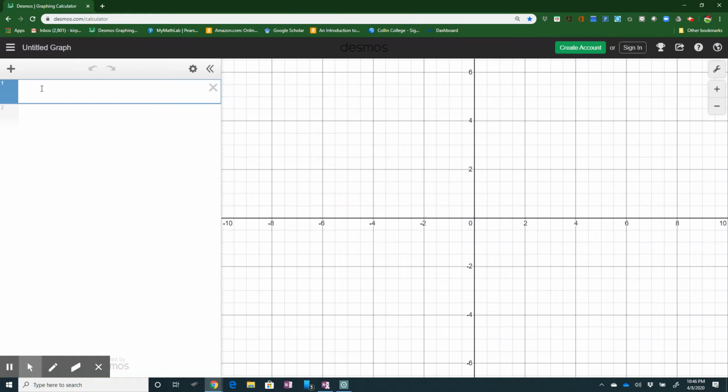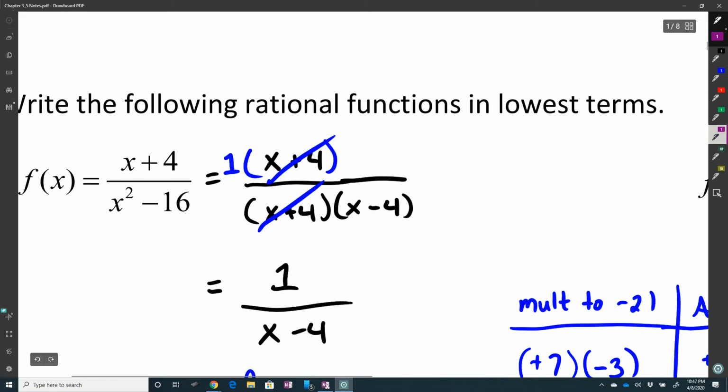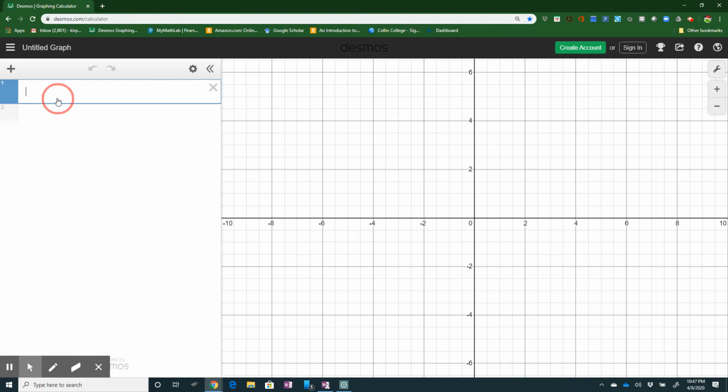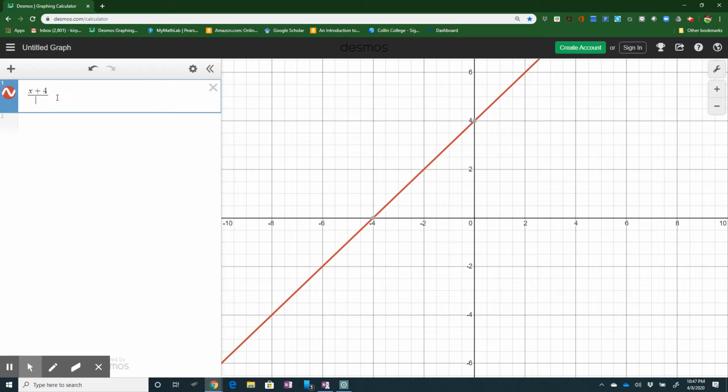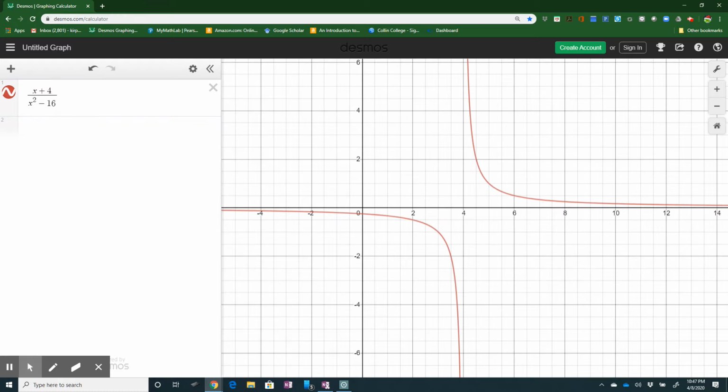All right. So in Desmos, I type in, I forgot what the numerator was, x plus 4 over x squared minus 16. And there's our graph.